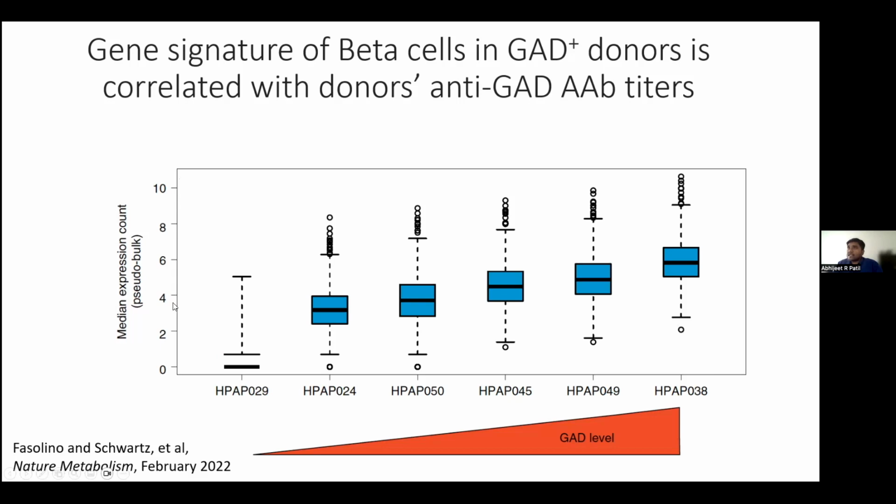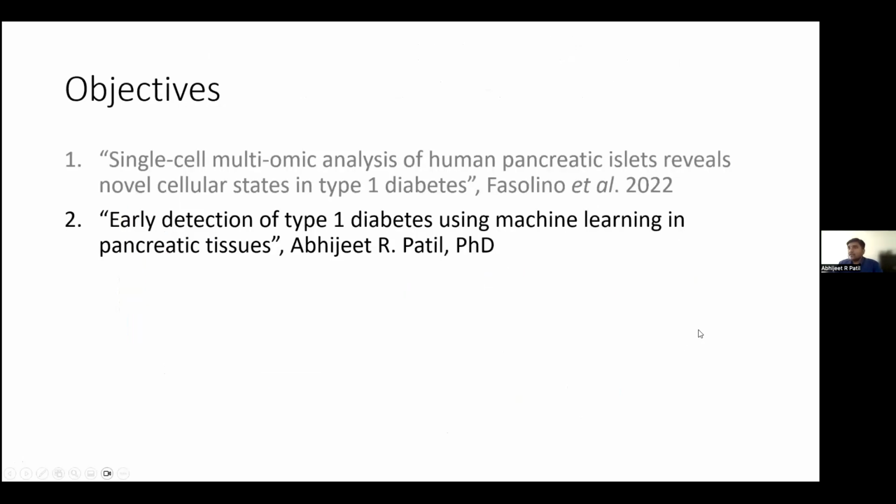And on the y-axis, we have the median expression count. HPAP29 was having low GAD level, whereas HPAP38 was having high GAD level. So there was a direct positive correlation between the GAD level and the median expression level of these donors.